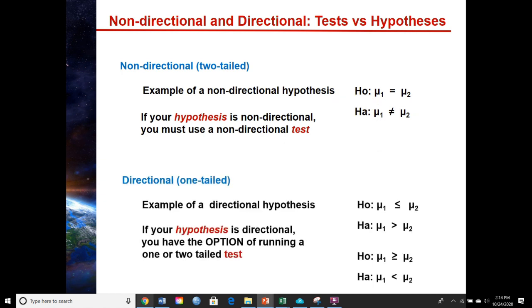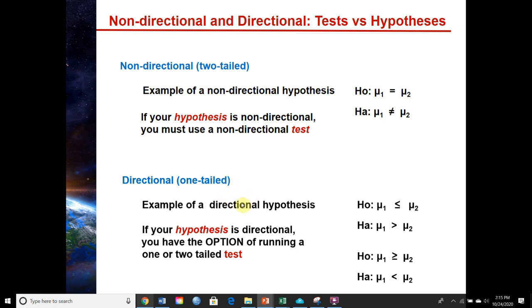Now, what about directional hypothesis? Remember, you have to have a directional hypothesis if you're going to do a one-tailed test. All right. Now, let's go back up here. If you have a non-directional hypothesis, you cannot use a directional test.